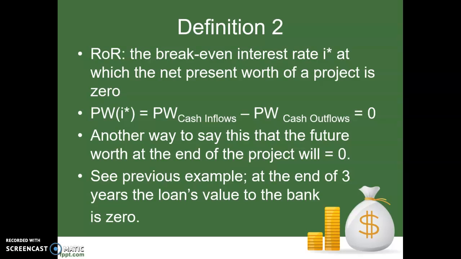It's whatever the rate is that is going to give us 0. It's the break-even point. So another way that we could say this is that the future worth at the end of the project will equal 0.